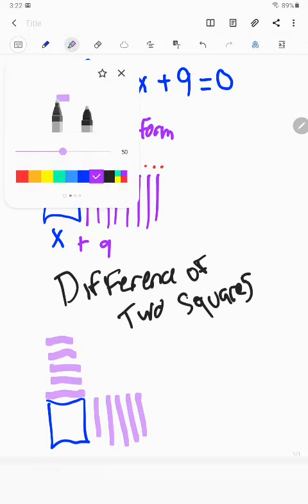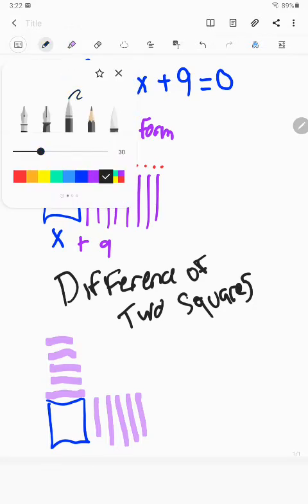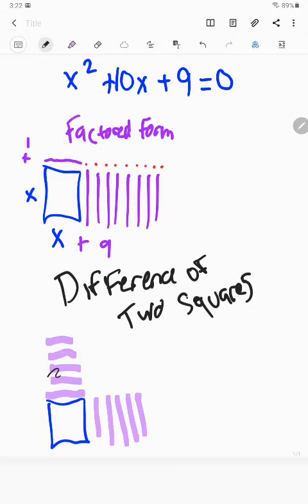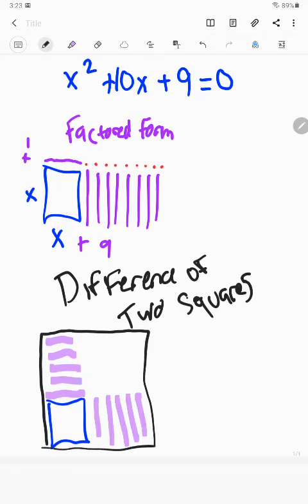Now with this being circumscribed, I have this big square that is x plus 5 by x plus 5, which means that there would be 25 dots in this larger square. But I know from what I actually have, we have only 9 dots.